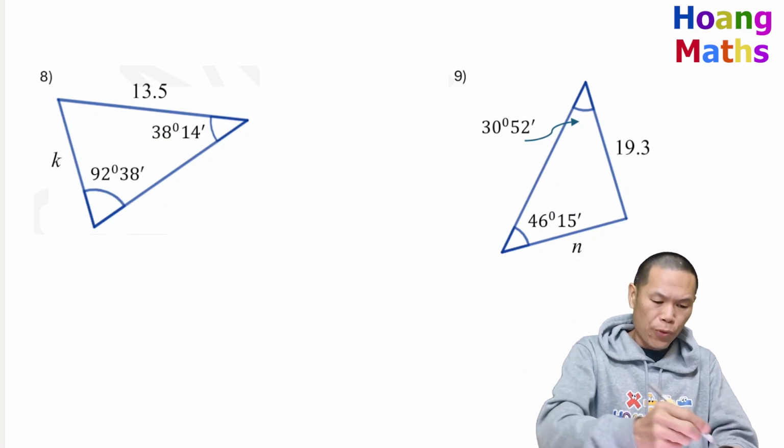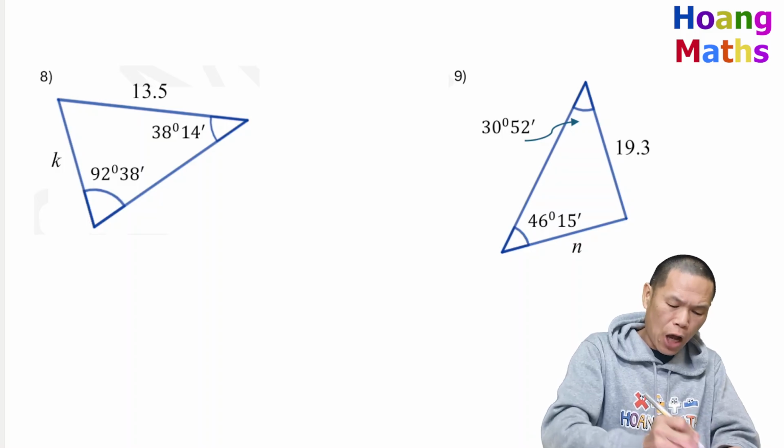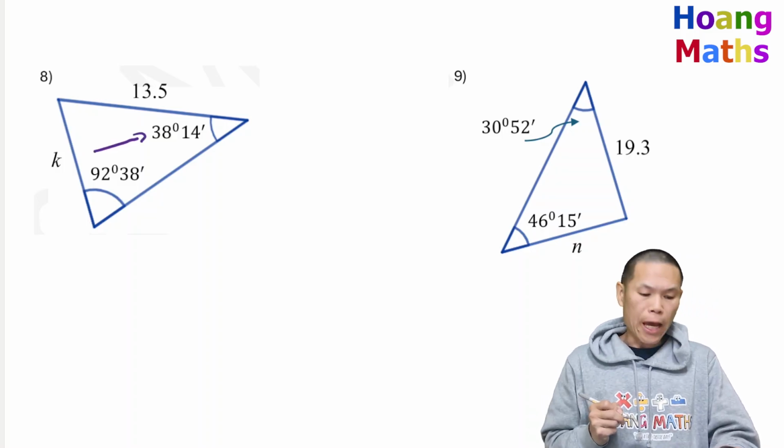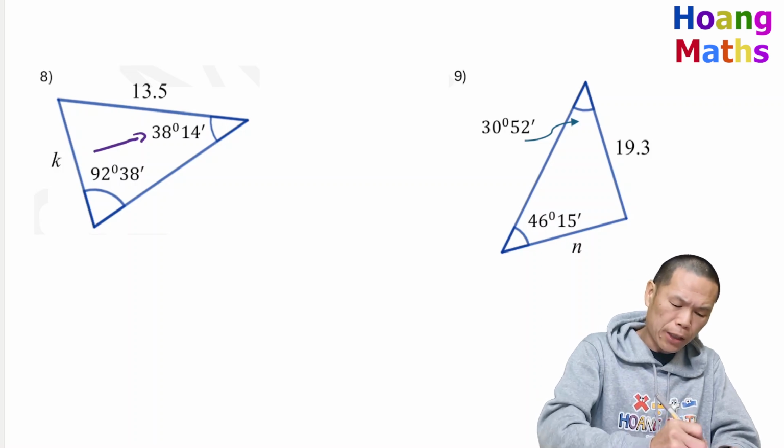So first of all, we know that K is opposite this angle here, and 13.5 is opposite this angle.